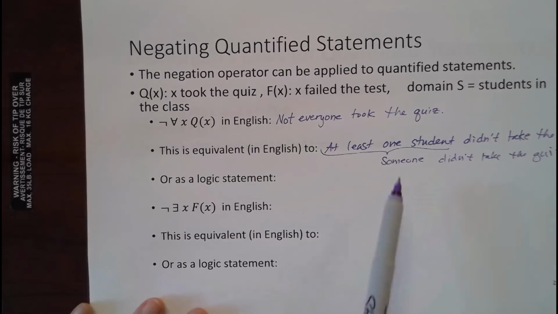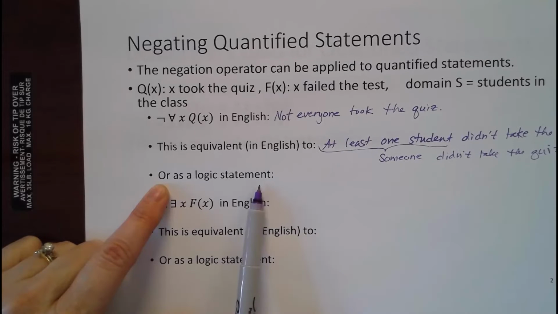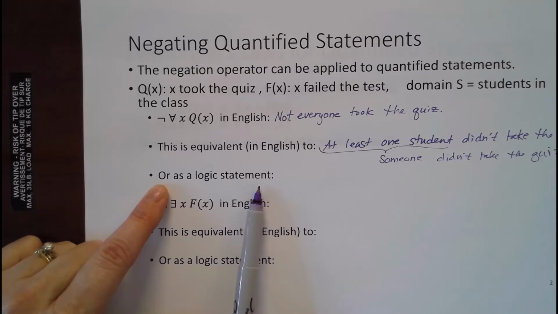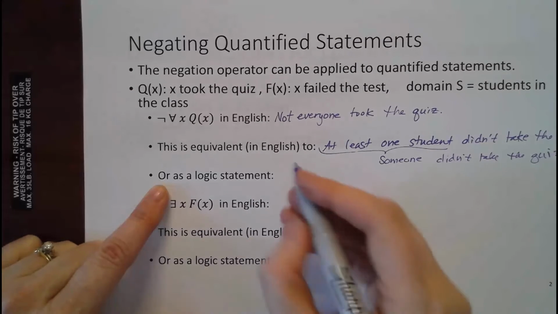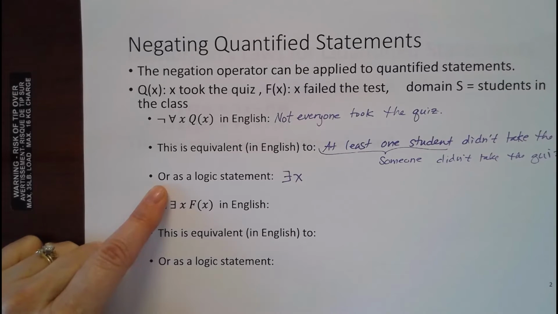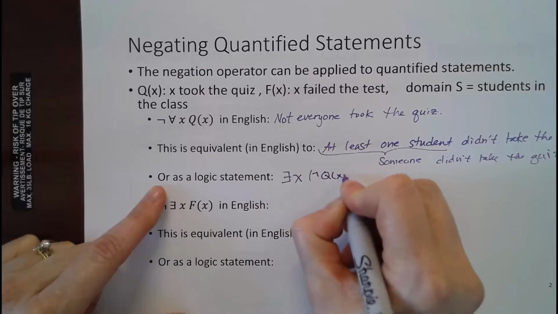Okay, so someone didn't take the quiz, how would we write that as a logic statement? So, there exists, good, there exists an X. And then what would come after that? Yeah, not Q of X. And I'll put that in.